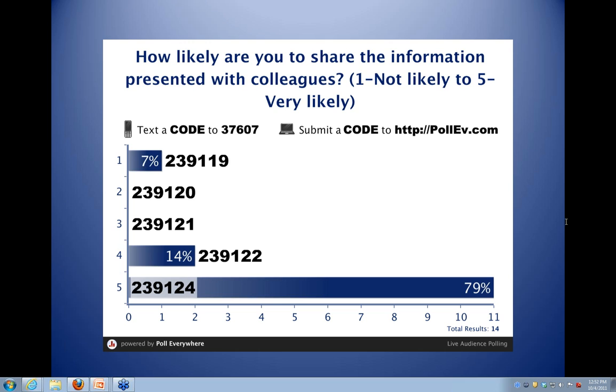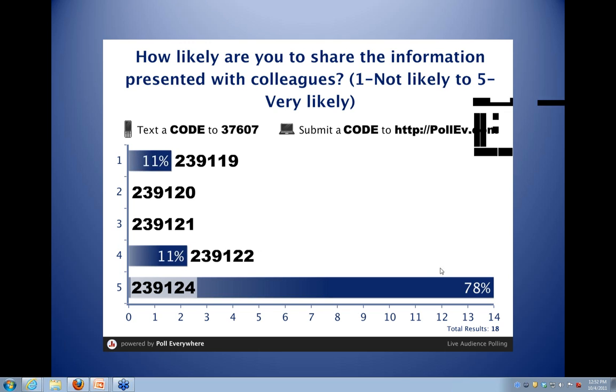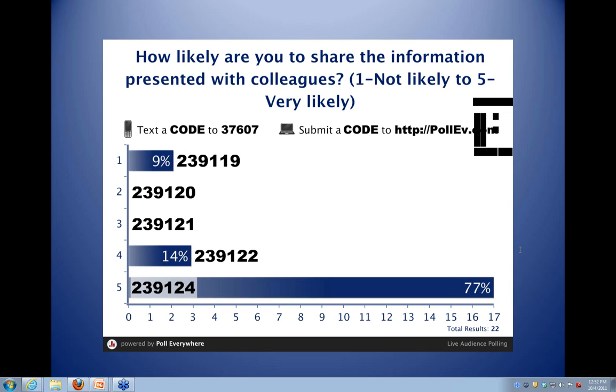The numbers are coming in, but as we look at the numbers again, the vast majority appear to suggest that they would be willing to share this information with colleagues.